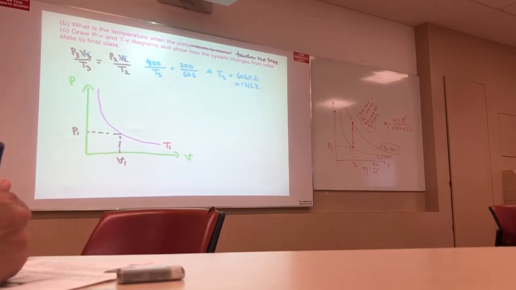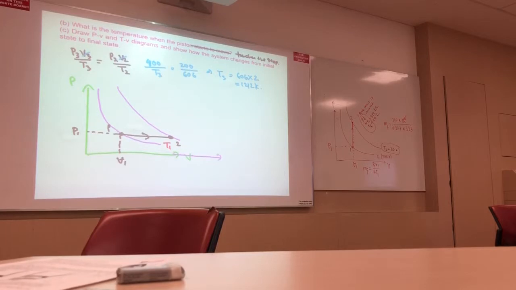So 1 to 2 is constant pressure. This is 1, this is 2, and then go one more, next 3. Going up, this is T3. V is going up. Oh, very good. You understand? Of course. It's like this.